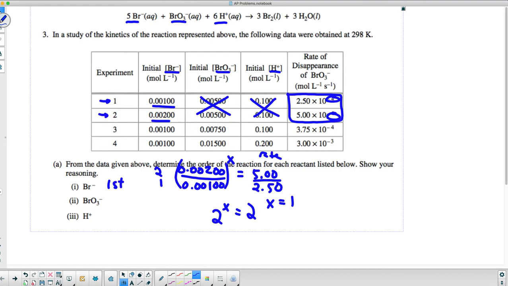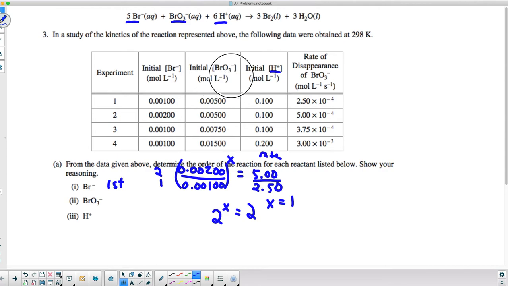Okay? I'm going to erase all of this in a second. So before I erase all of that, let's take a look. I'd like to do bromate next. So bromate is BrO3, and I'm looking for a place where bromate changes, but the other ones do not change. And it looks like I found it.